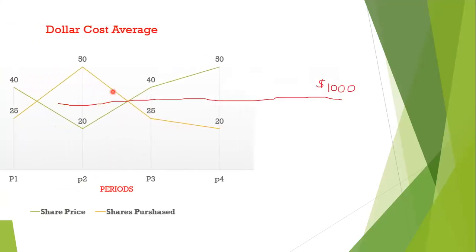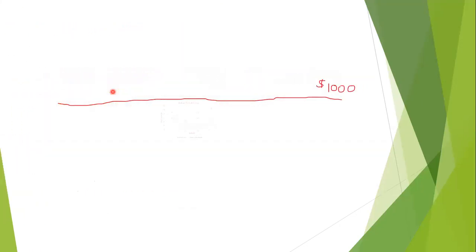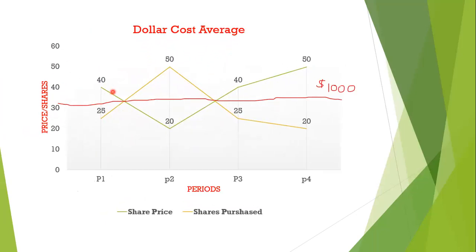And this is the graph that shows what dollar cost averaging looks like. The $1,000 shows the fixed amount that you were investing over the 4 months.